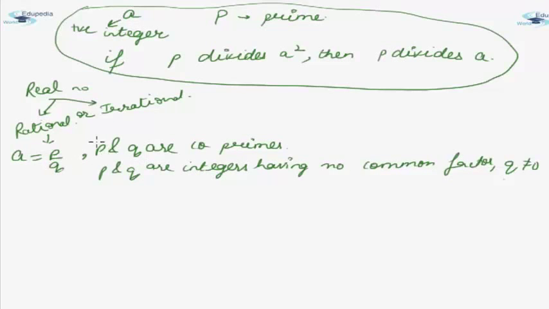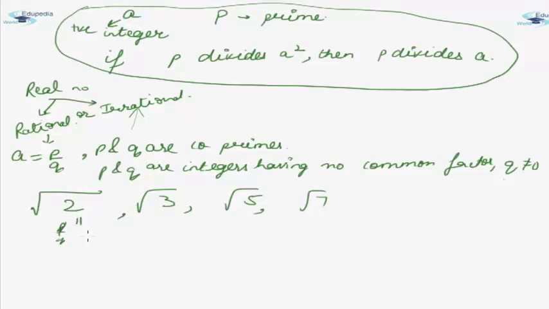Whereas the numbers which don't satisfy this condition are known as irrational numbers. So, the square roots of some numbers, like the prime numbers 2, 3, 5, 7, don't exist or cannot be expressed in the form p by q.